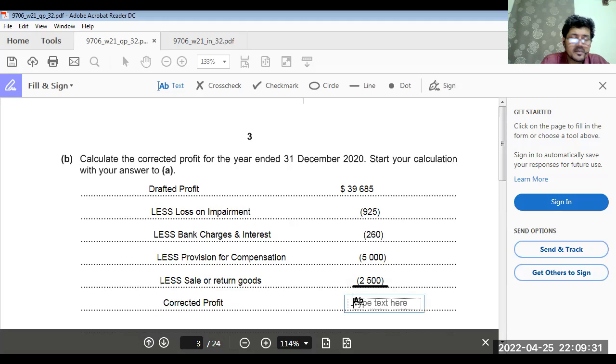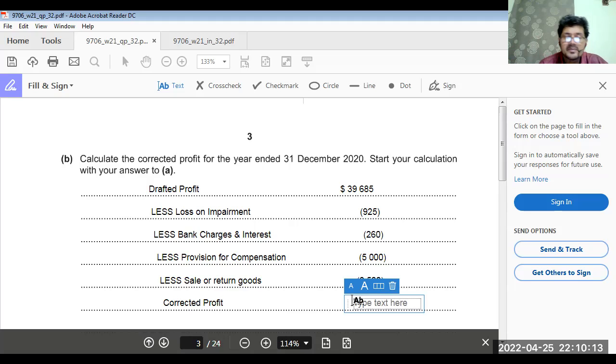How much? 39,685 minus 9... Again, my calculator is disturbing me. 39,685 minus 920, 925 minus 260. Today my calculator is not in a mood to work with me. This is the problem.